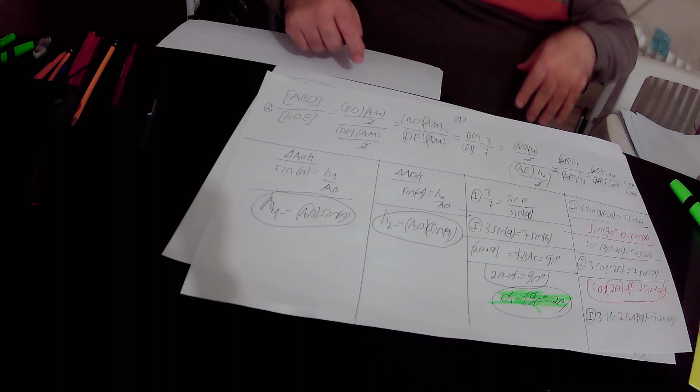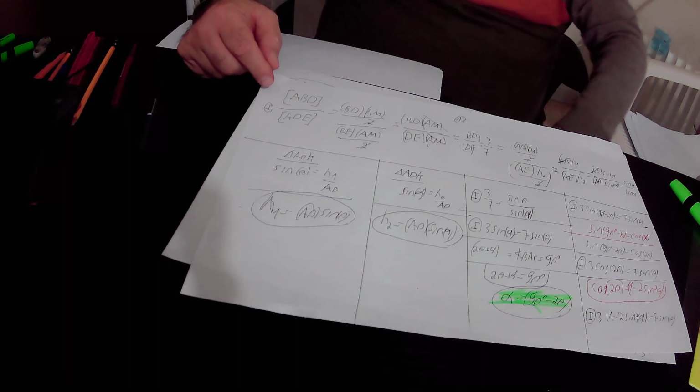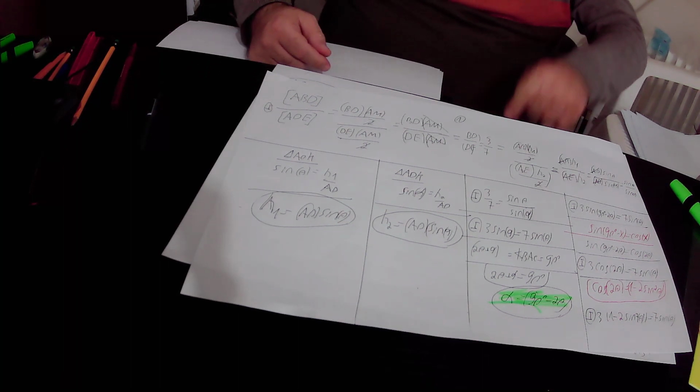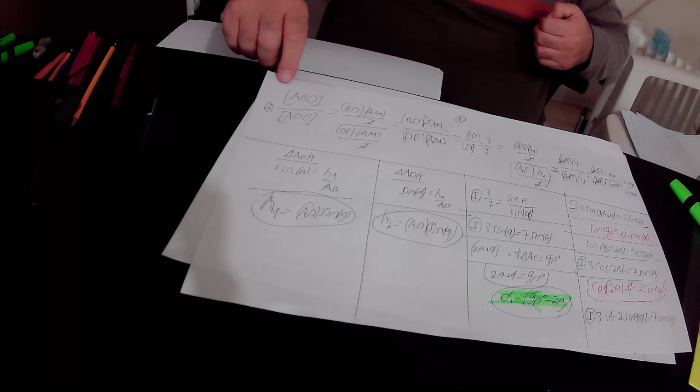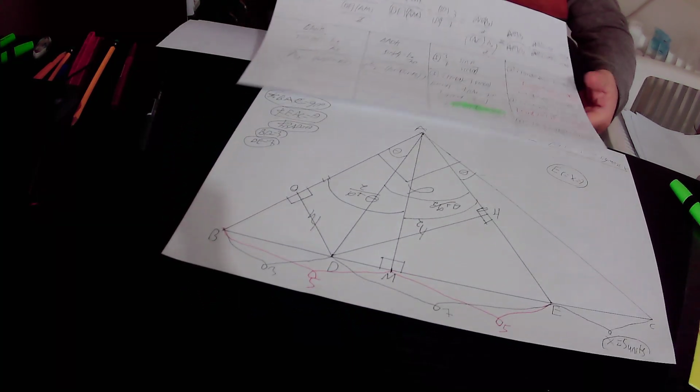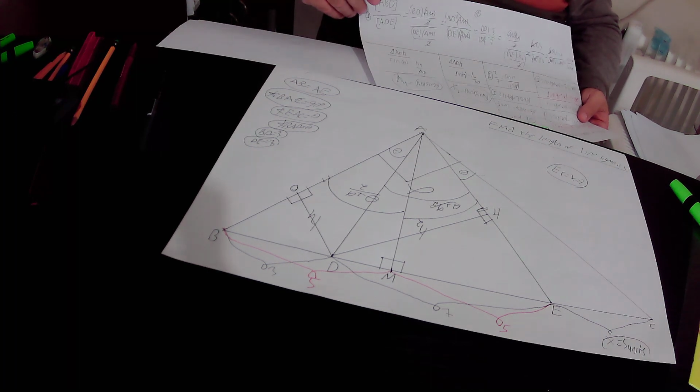Okay, so in conclusion, we found out that the area of triangle ABD over the area of triangle ADE equals 3 over 7. Then we calculated the areas of triangle ABD and triangle ADE in a different way.